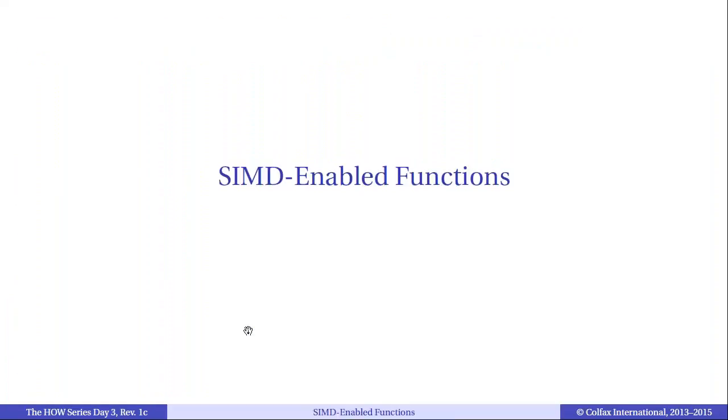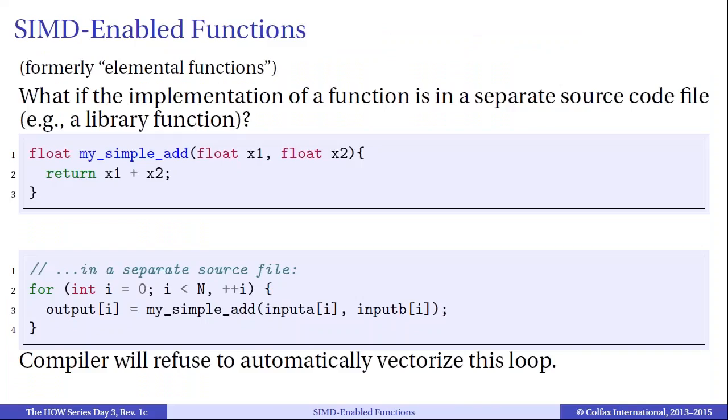There is yet a third way to request automatic vectorization from the compiler, and that is SIMD-enabled functions. So consider this case. I have a function that does my favorite operation a plus b. In this case, this function takes x1 and x2 and returns x1 plus x2.